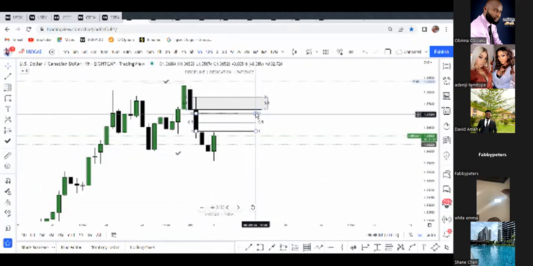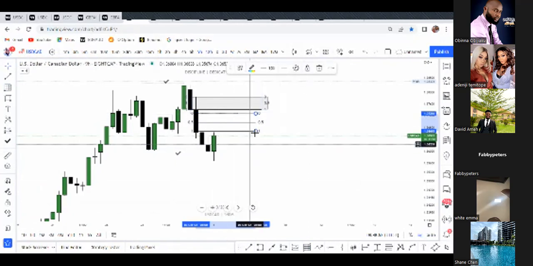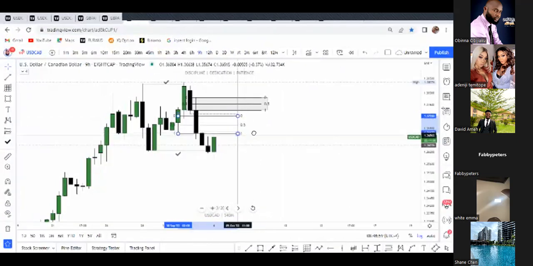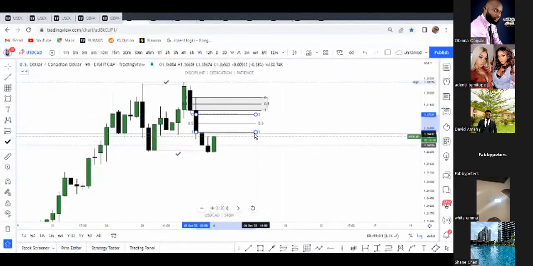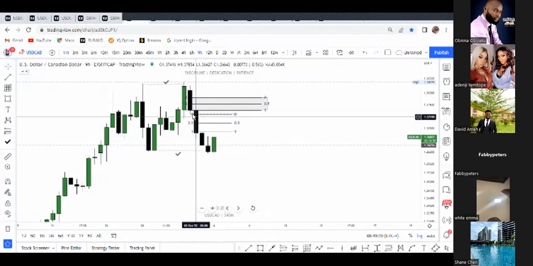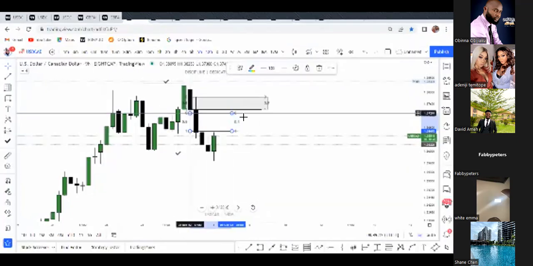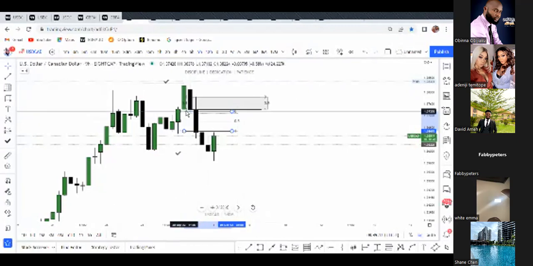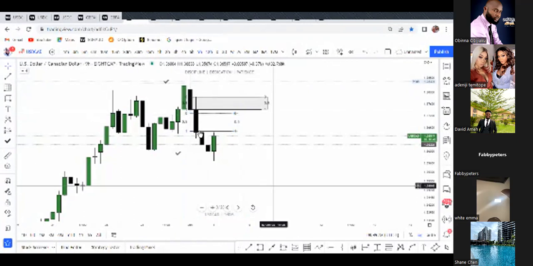So they come back and induce that zone for the main move. When they offer a particular range to buyers and sellers, they later come back and induce that zone for the main move. That's inducement of liquidity.